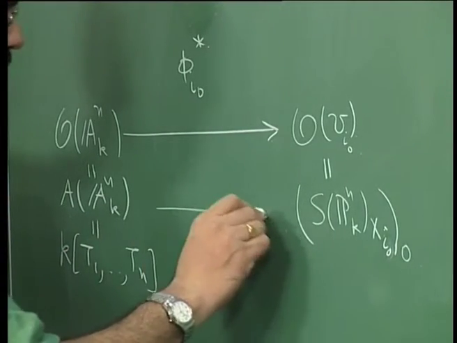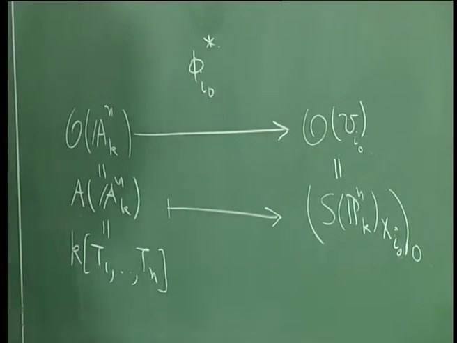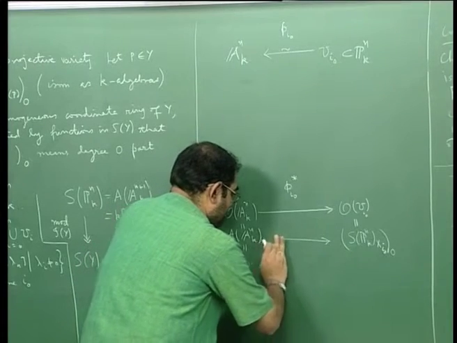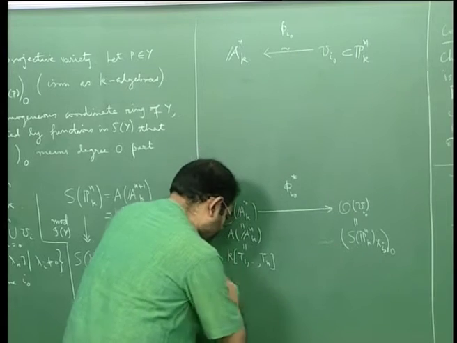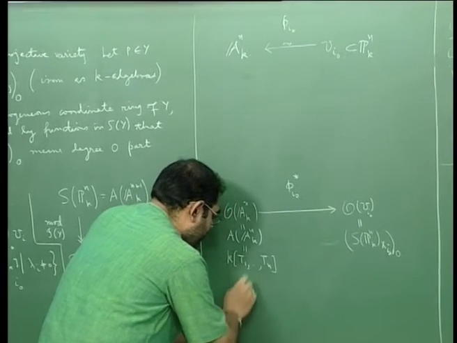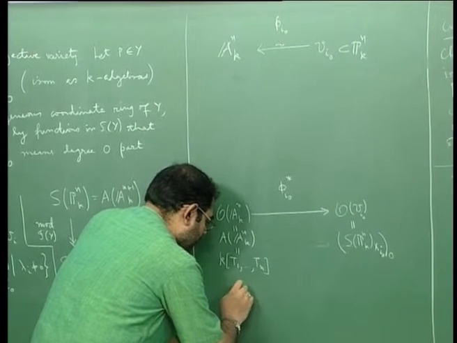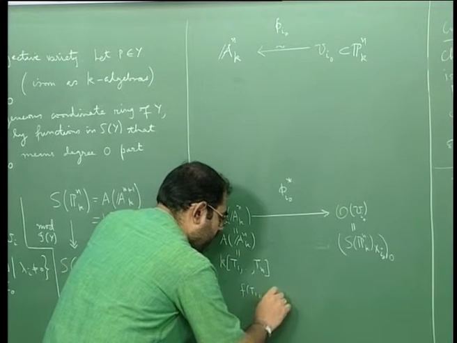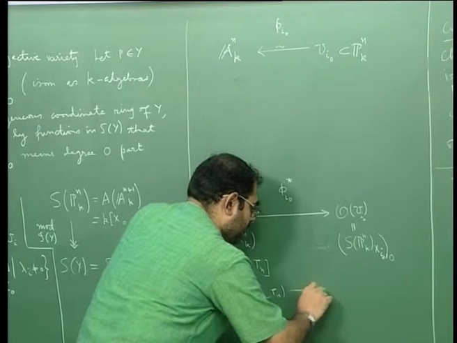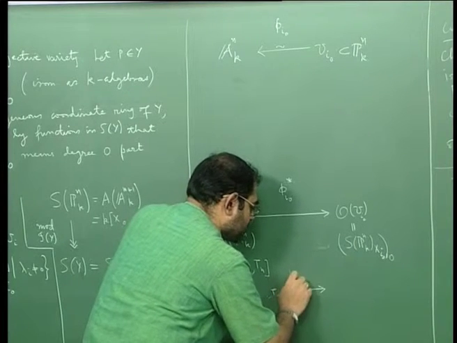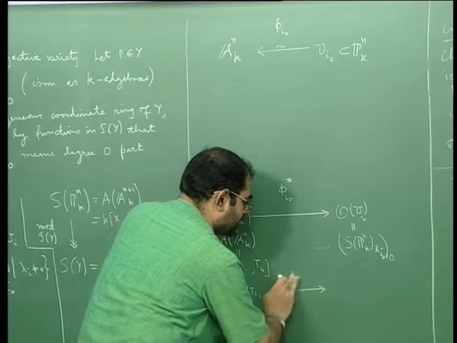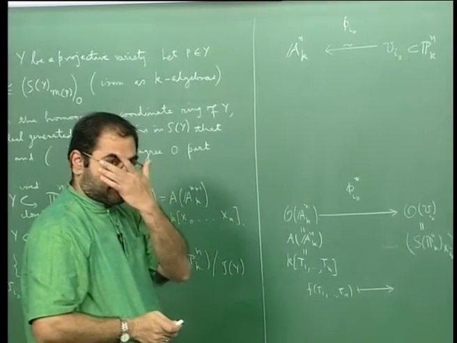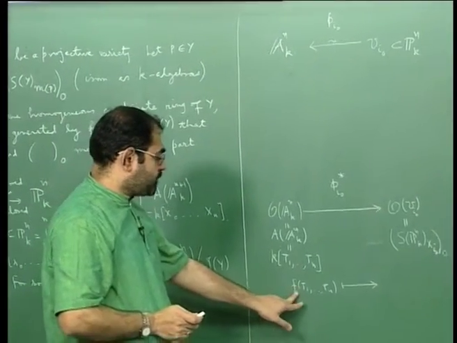We know what these maps in these two directions are. The map in this direction is given by, well, you give me a polynomial f(t1, ..., tn), then the map in this direction is given by homogenization. It's given essentially by homogenization and dividing by x_i0 to the power of degree f.